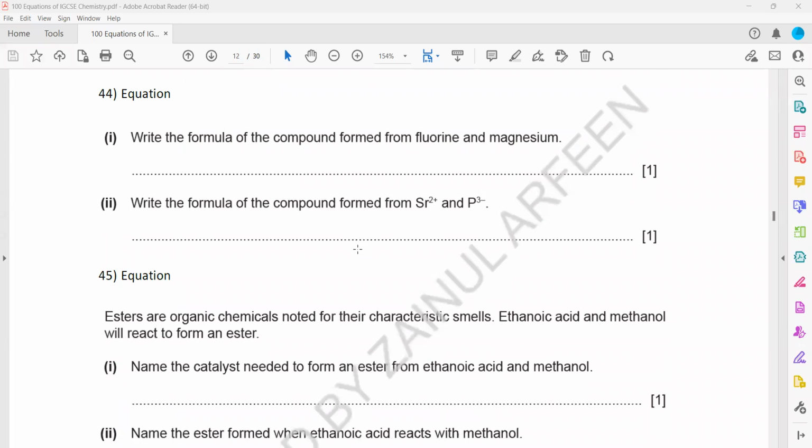Write the formula of the compound formed when fluorine reacts with magnesium.